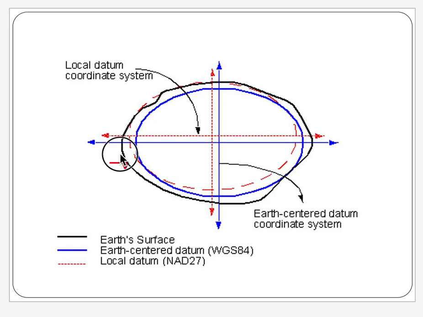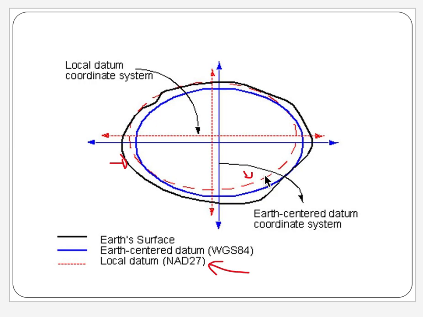So you could see the geoid, also known as Earth's surface, is right here, and we could say that's irregular. And the local datum, also being locally referenced, is the red dashed lines.